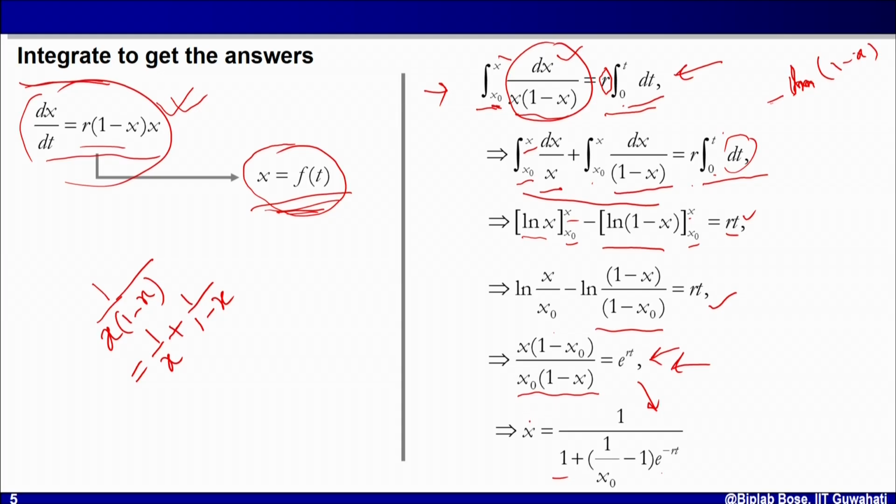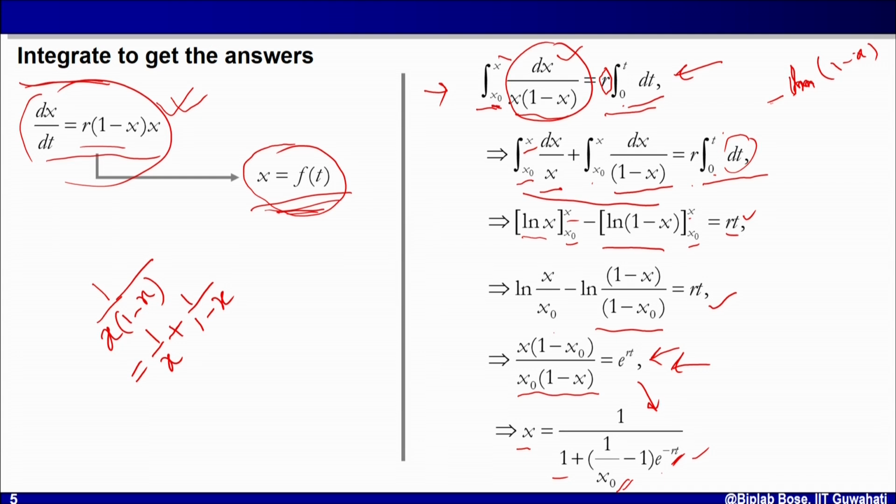I wanted to know x as a function of time. So we have x on the left hand side and time on the right hand side. r, which is here in this exponent, is a constant, a rate constant. x naught is also a constant because you have decided at the very beginning that x naught is the initial population size which is infected, or the fraction of the population that is infected.